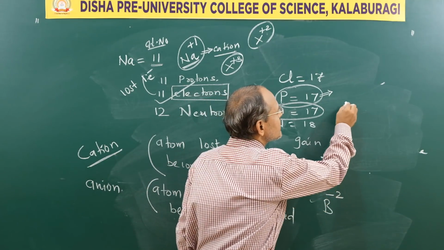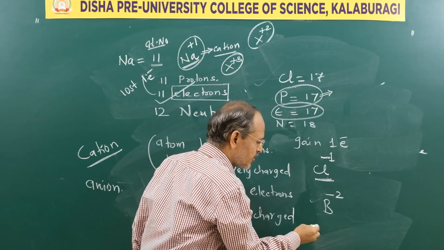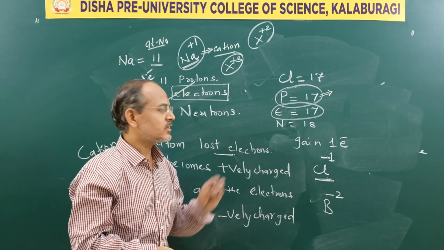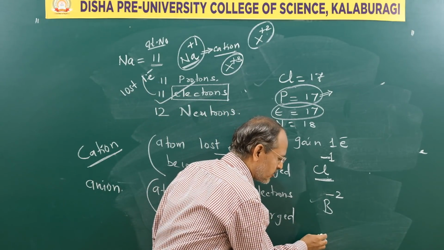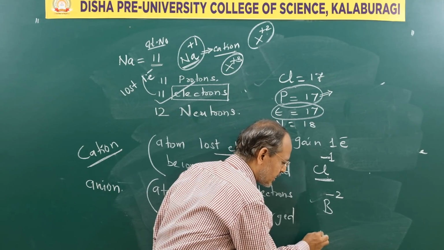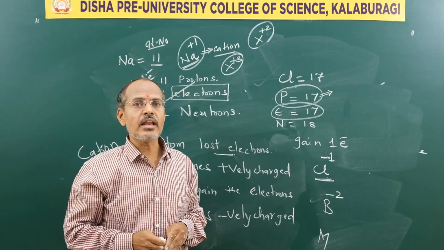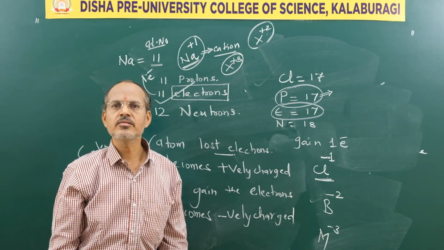Later on I will give you the complete chart of these ions. If an atom, for example M, gains 3 more electrons, I can write minus 3.